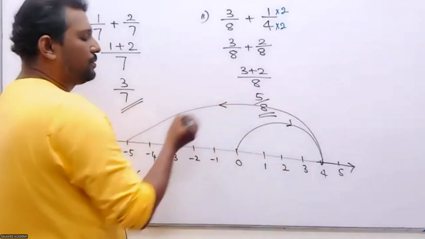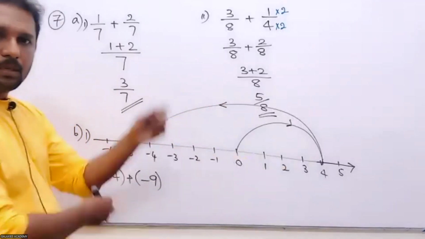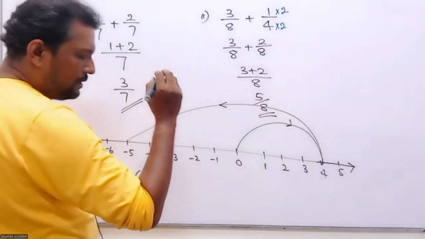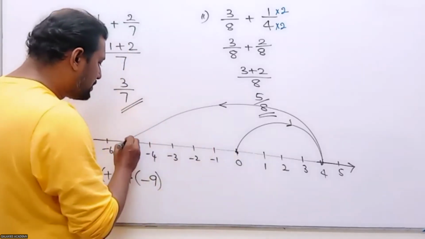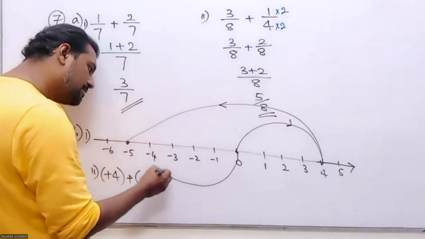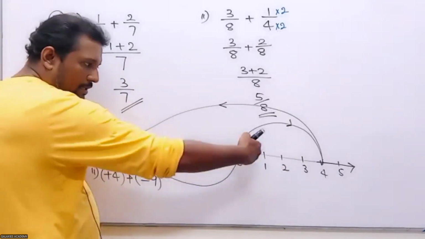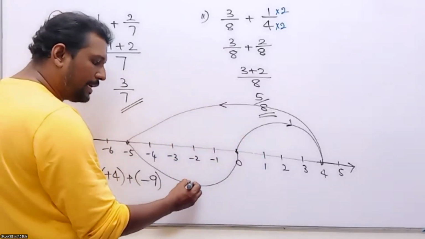Also you have to represent the moving direction using an arrowhead, right? Then you check this journey, starting position 0, ending position -5. Then you can join the starting and ending position, then finally moving in this direction, that means negative direction.